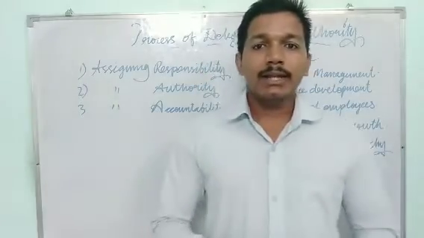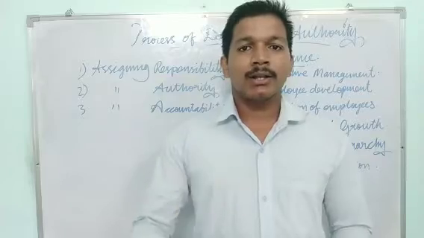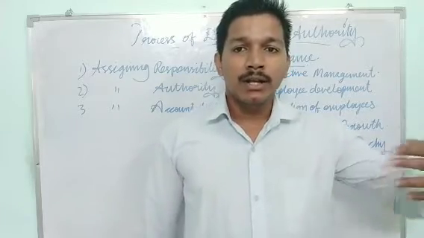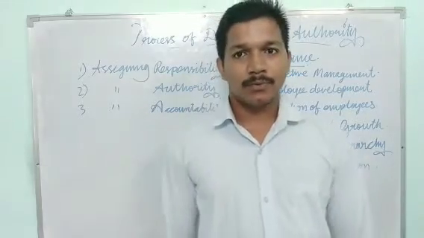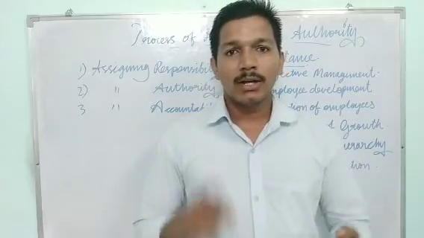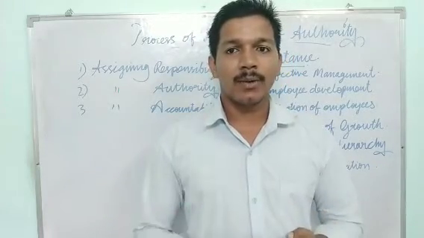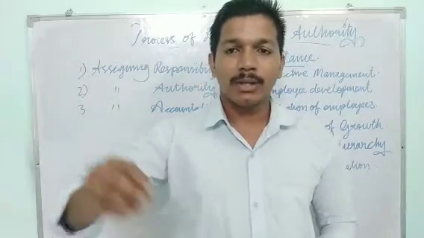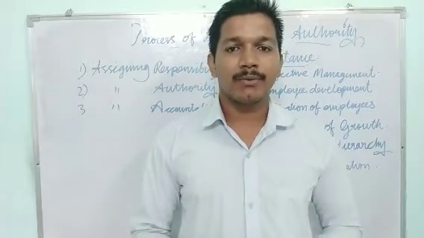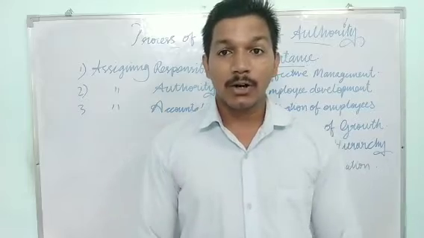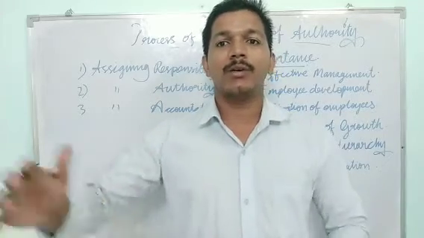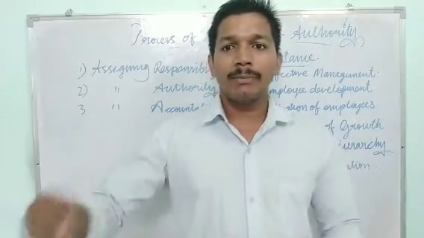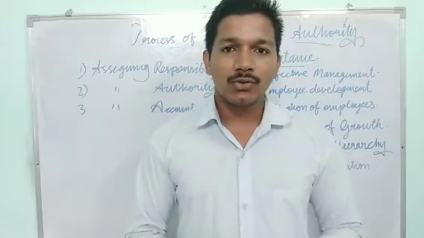Then the third and last step is called assigning accountability. When I hand over this job, responsibility is given, authority is given, and accountability will also be given. To some extent we have already studied in the previous class that accountability cannot be 100% delegated, but to some extent it can also be delegated.